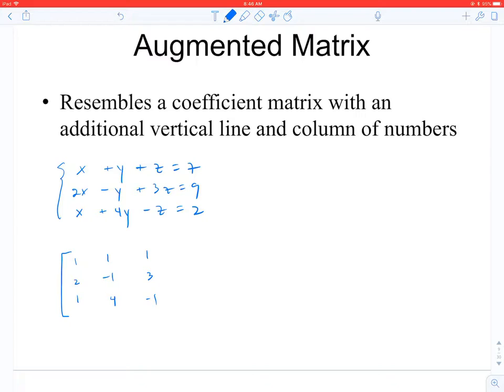And then I'm going to put a vertical line. You can also use a dashed line. I think your text uses just a vertical line, so I'm going to put a vertical line. And now I'm going to add the constant that each equation is equal to. Okay, so this is our augmented matrix, and this is what we're going to be using to help us solve linear systems.